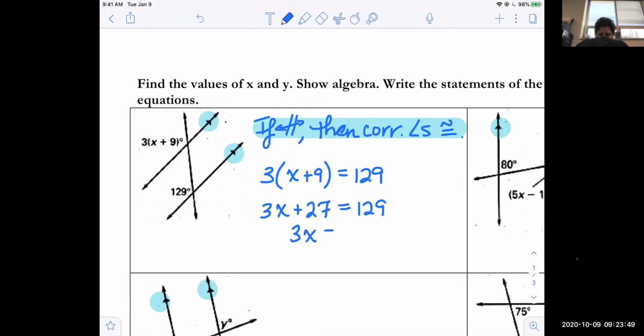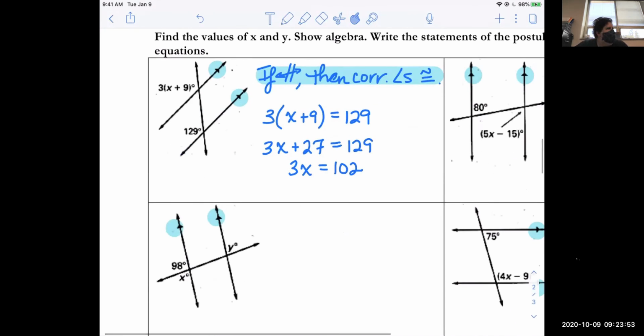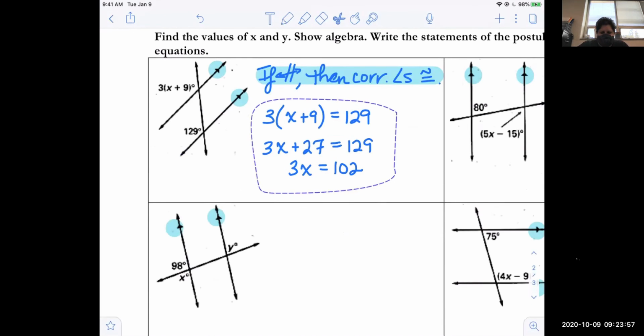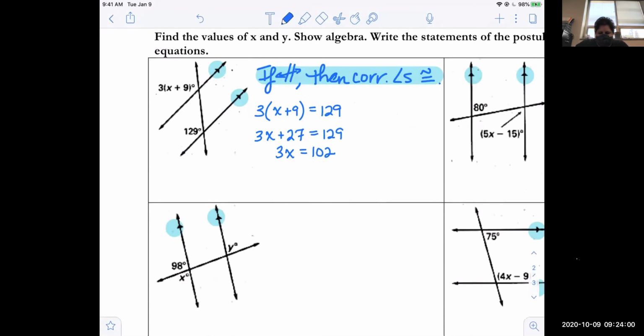3x is 102. Do we know the divisibility rule for 3? Catherine, what's the divisibility rule for 3? Okay, I'm checking whether 102 is divisible by 3. Good.